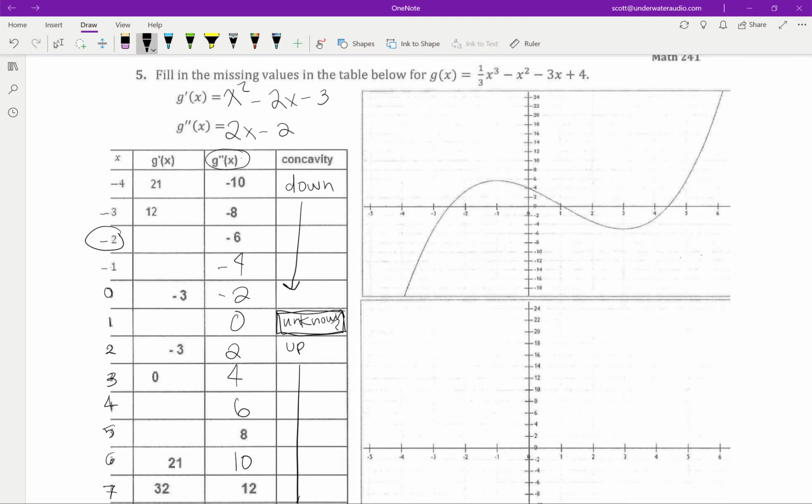So I would do negative 2 squared minus 2x, or negative 2, minus 3. Okay, so I get 5. Now I'll plug in negative 1. I get 0. Plug in regular 1. Get negative 4.